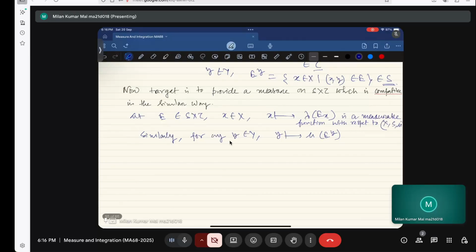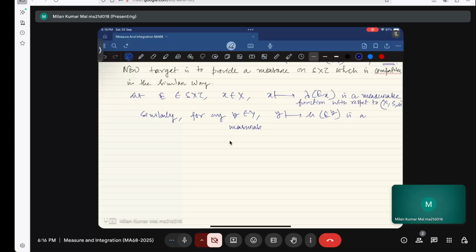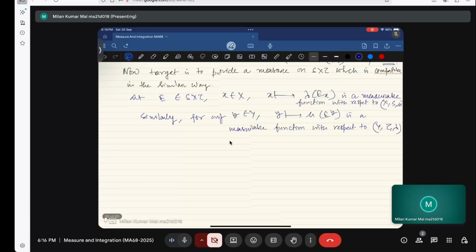Okay, and this is a measurable function with respect to tau lambda. But here we need the sigma finite measure that we have to take in.